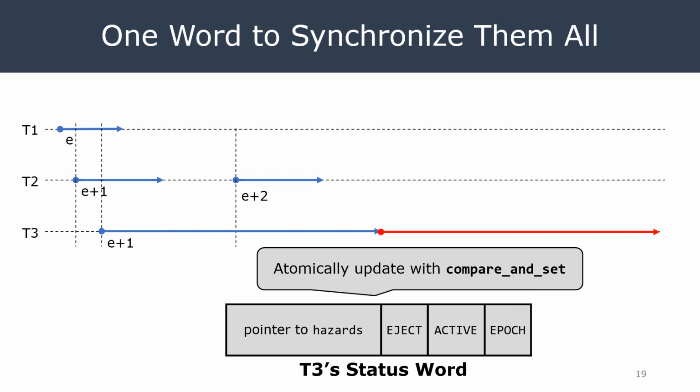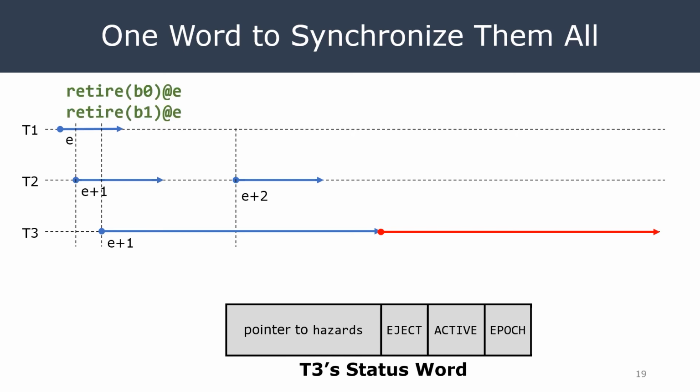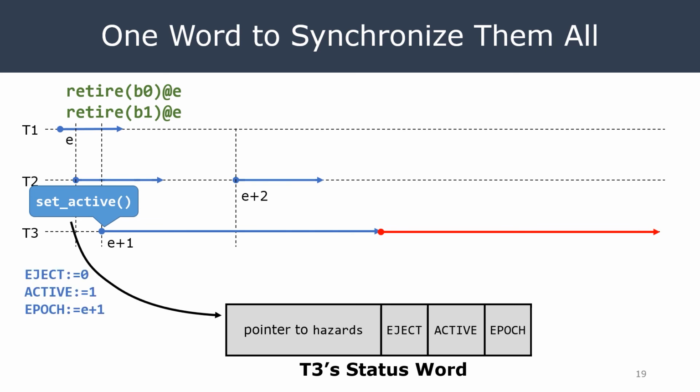To see how PEBR uses the status word, let's assume that the blocks B0 and B1 are retired at E. First, when T3 enters an active state, it will set the tags of each status. And next, let's suppose T3 calls protect B0. An interesting observation here is that the protection of B0 does not need to take effect right away, because the accesses are already protected as T3 is in an active state.